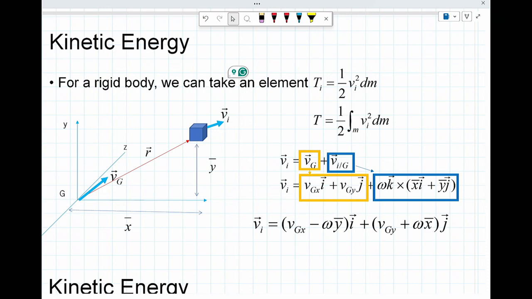And if you don't want to do the steps in this course for cross multiplication, just write them out once. Once you have them written out once, you already know what the form of the equation is going to be. So v_gx minus omega y bar, v_gy plus omega x bar, and you put terms in.